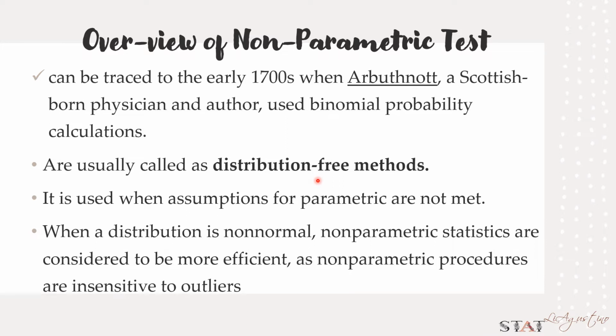When you say distribution-free method, it does not assume anything about the underlying distribution, for example, that it must be a normal distribution. That's why it's called a distribution-free method. It is used when the assumptions for parametric tests are not met. For example, you have no other choice because your sample size is lower than 30.